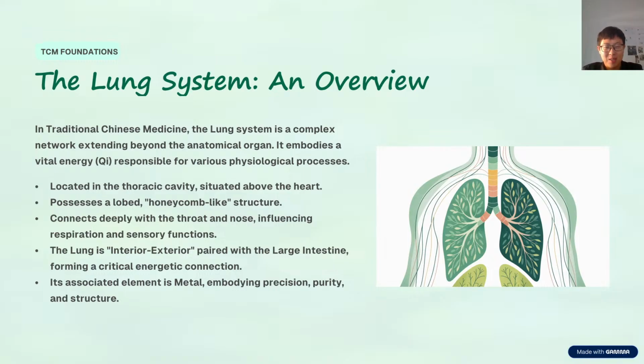The lung system includes the airways such as the trachea and bronchi, which connect to the throat and the nose. Your nose, your throat, your trachea are connected to your lung. That's the respiratory system. Therefore, the throat is considered the gateway of the lung, and the nose is the external opening of the lung.